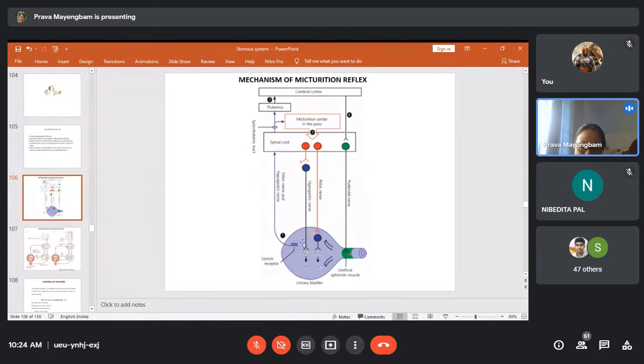The sensation of being stretched will be sensed through the stretch receptors, and it will reach the spinal cord and then the micturition center in the pons.